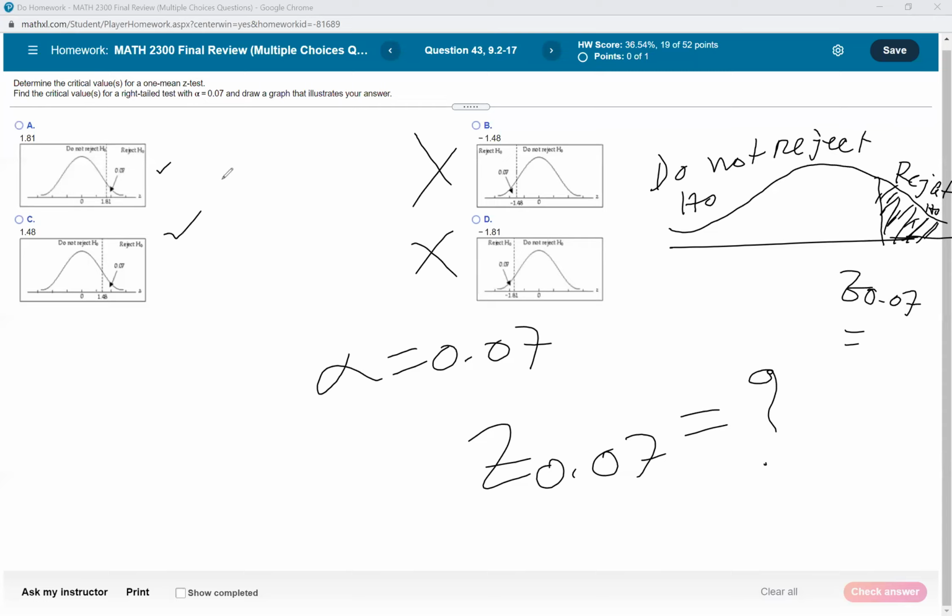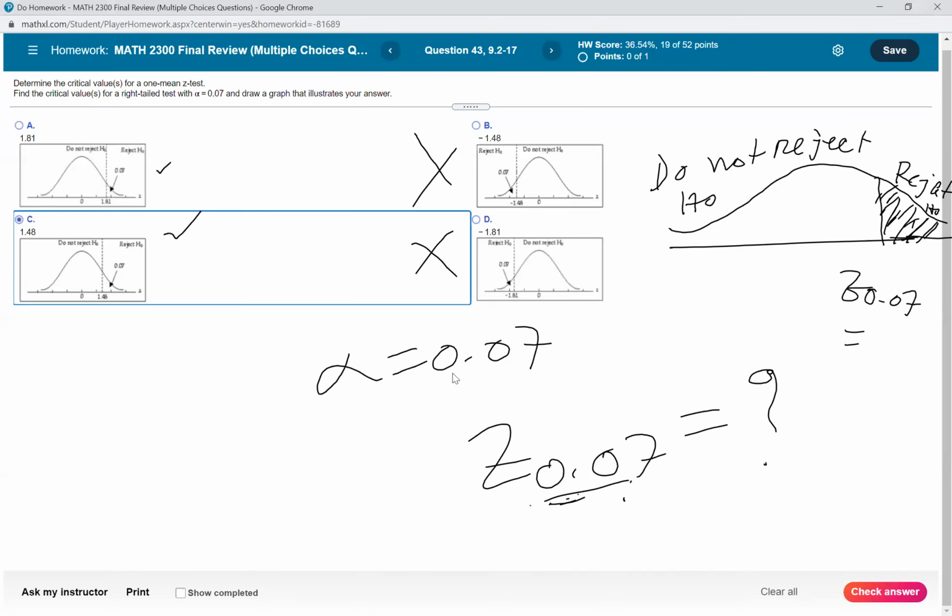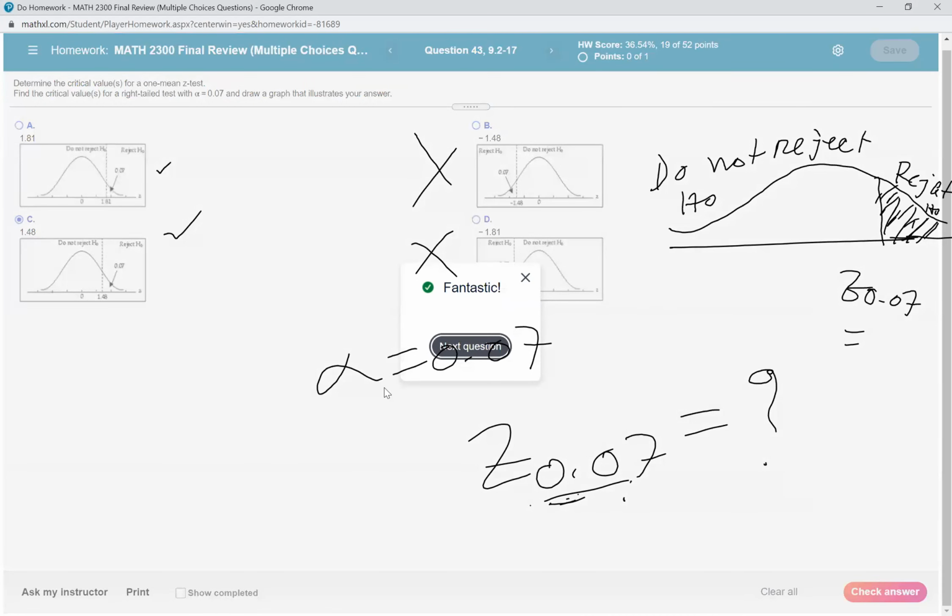Now you will go to the Z table, look at 0.07, and based on this you will get the z score, the critical value. In this case I think the critical value will be maybe 1.48. I'm not sure though, but you need to check it. Yeah, 1.48. So the correct answer is C.